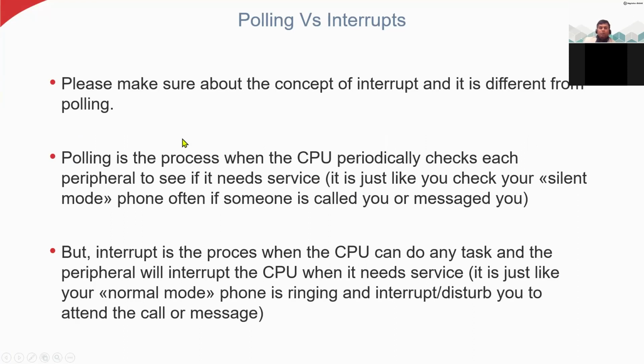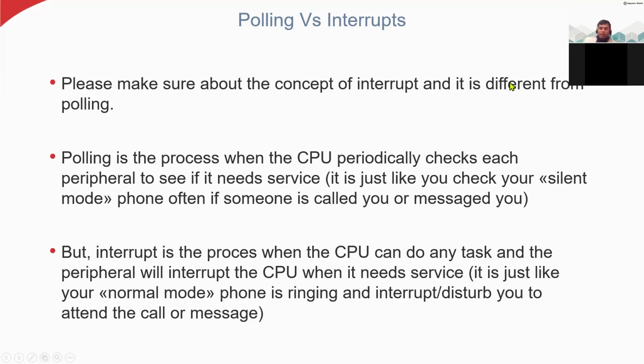Okay, so please make sure about the concept of interrupt, and that it's different from polling. I think in communication networks last semester we studied polling. So polling means what? Polling is the process when the CPU periodically checks each peripheral to see if it needs service.